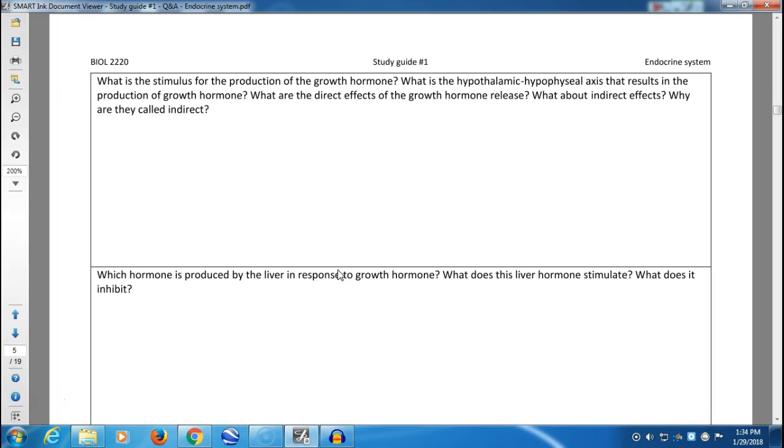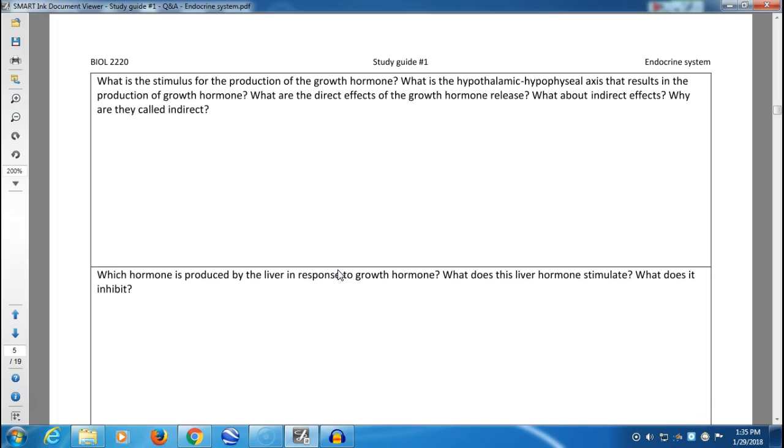What are indirect effects? Protein synthesis, cell proliferation and growth, skeletal and muscle growth. Okay? So, protein synthesis will use those elevated blood amino acids. Does that make sense? High blood amino acids will be taken into the cell and used for protein synthesis.